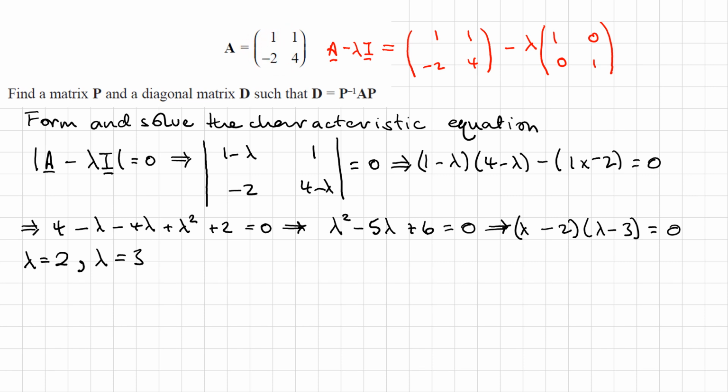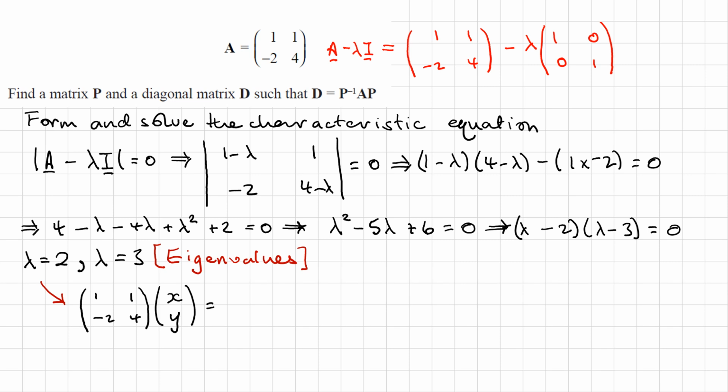So I'll just write that down. What I need to do now is to work out what the eigenvectors are associated with each of the eigenvalues. So let's start with lambda is equal to 2. So it's going to be our matrix A, 1, 1, negative 2, 4. And we're trying to find a vector that when we multiply it by A, it's 2 times this vector XY.